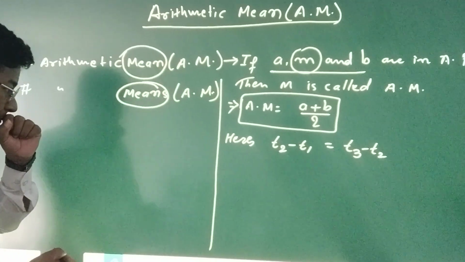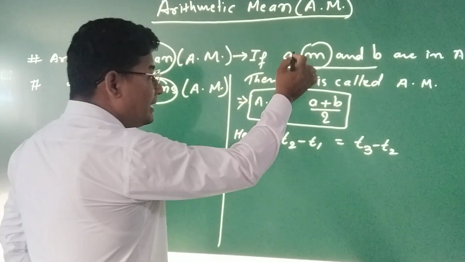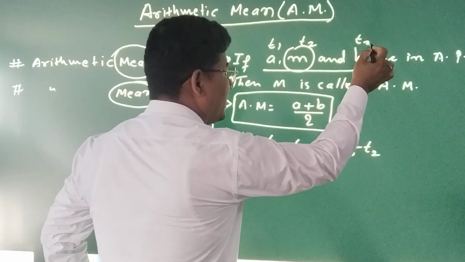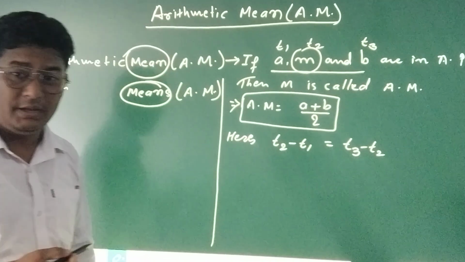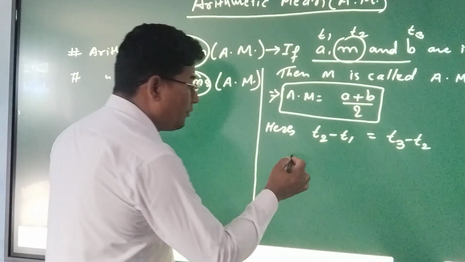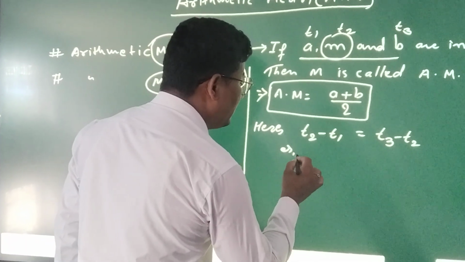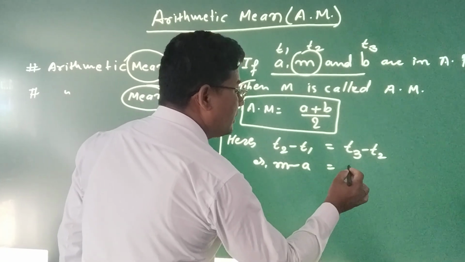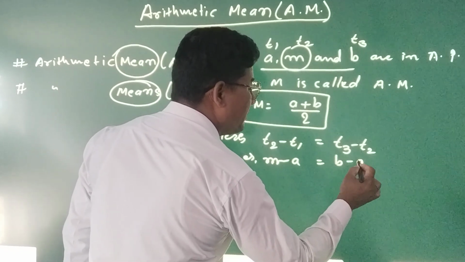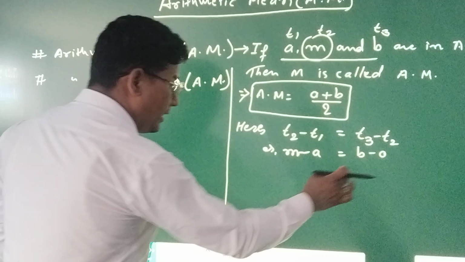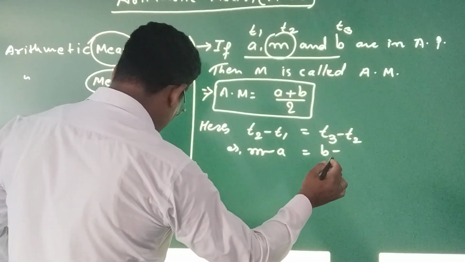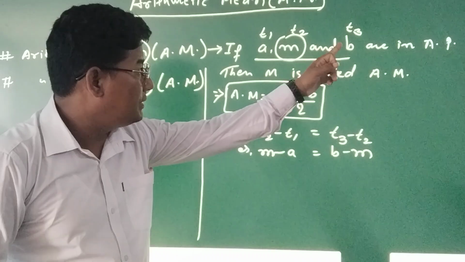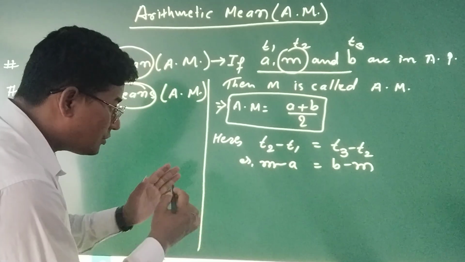Now you see, this is T1, this is T2, and this one is T3. The value of T2 minus T1 is M minus A, and T3 minus T2 is B minus M, since T3 is B and T2 is M. Now simplify.